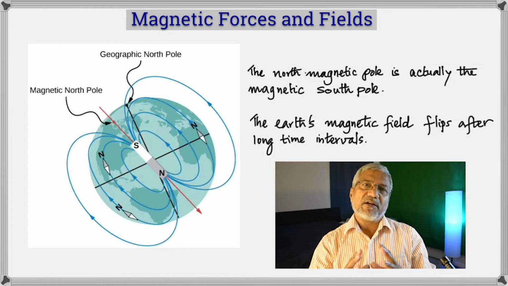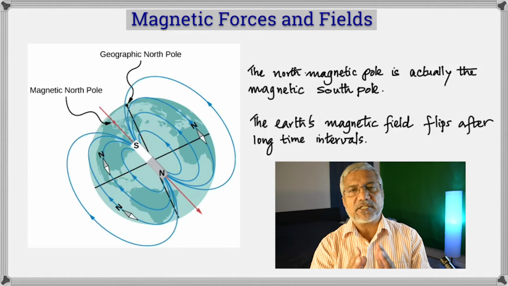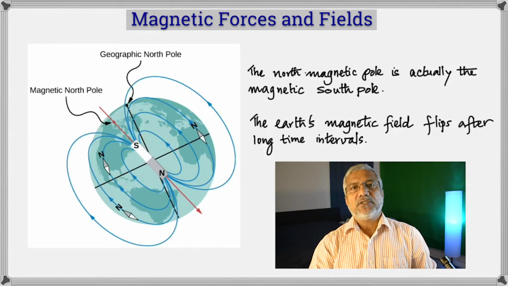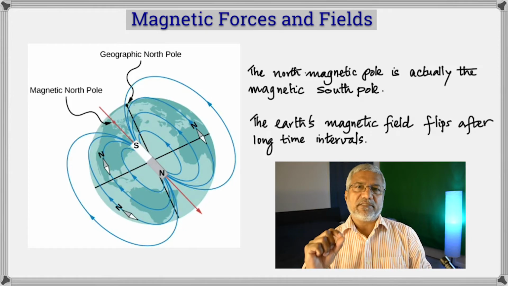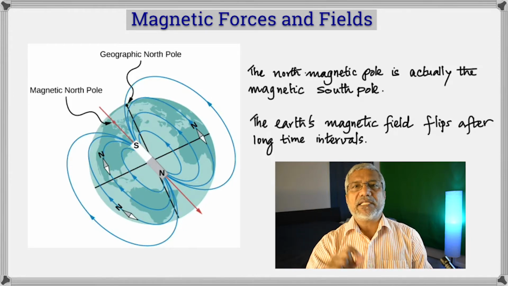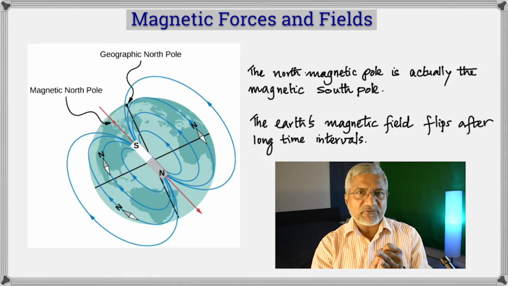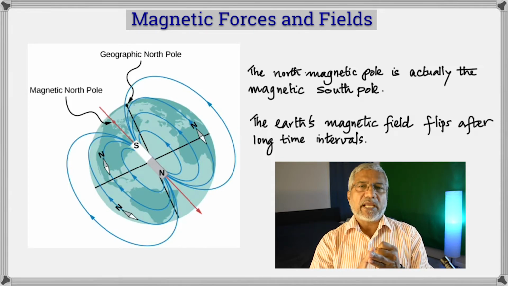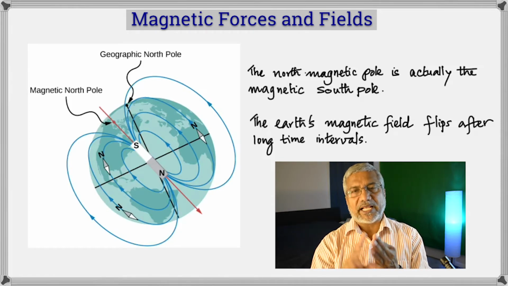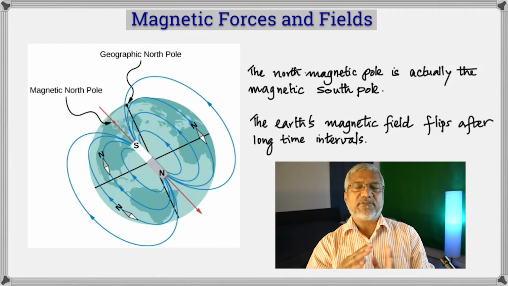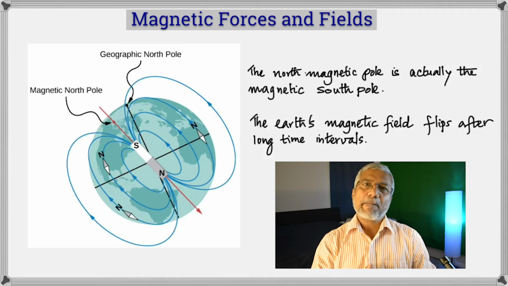So with that background information, let's go to the first important section of this chapter, which is when a charged particle moves through a magnetic field, a force acts on it. So you have a charged particle which is moving, you have a magnetic field through which it is moving, and then you have a force that acts on the charged particle that tries to deflect it from its intended path.